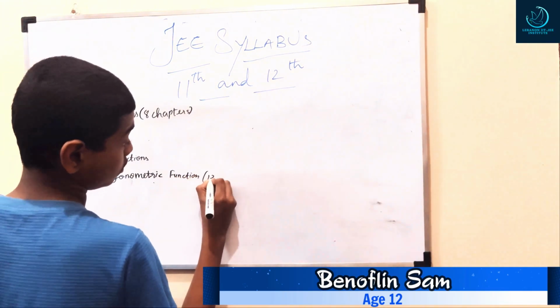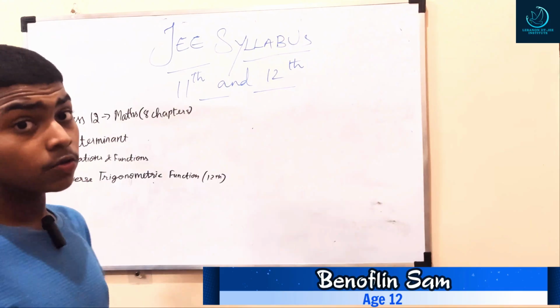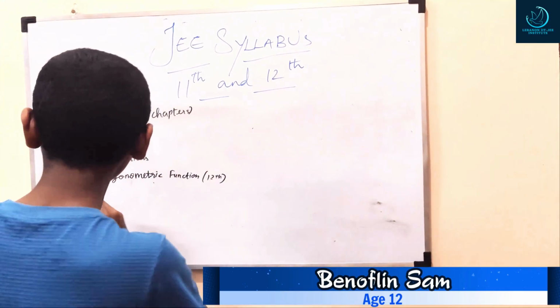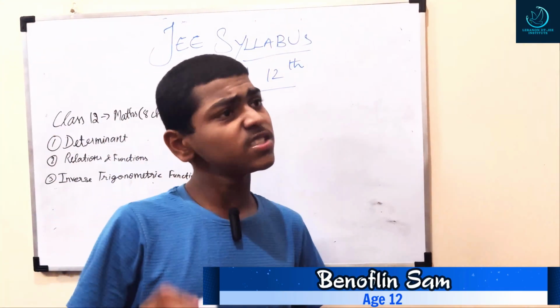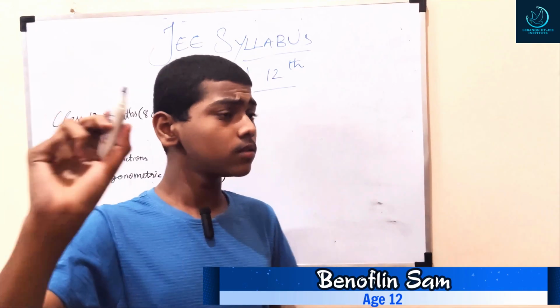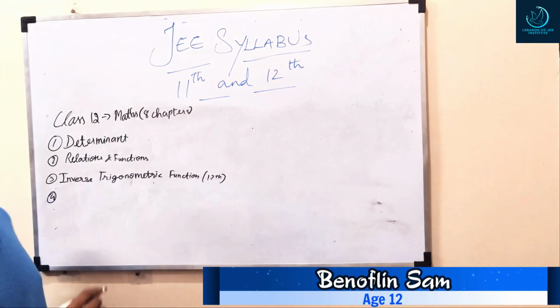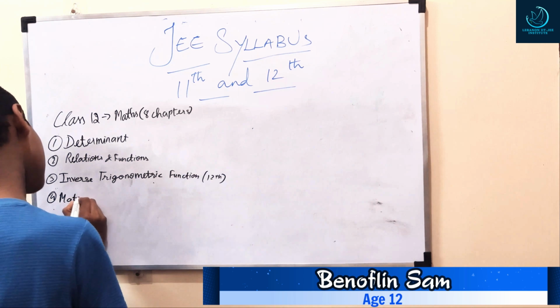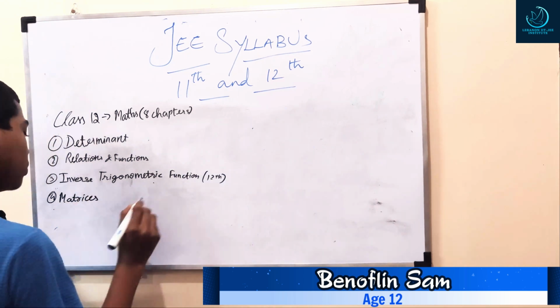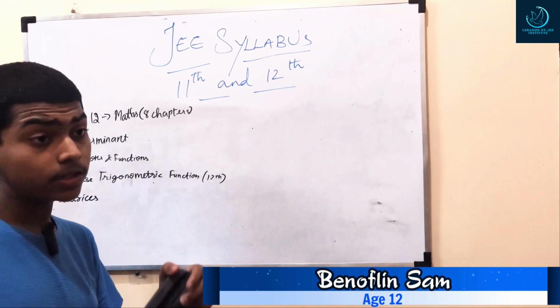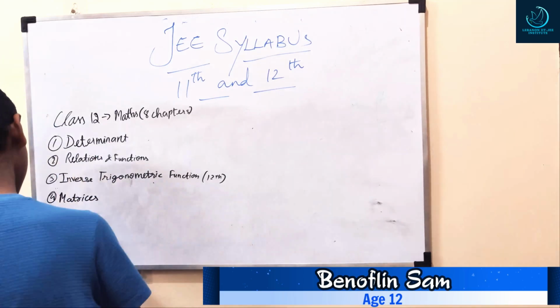That you 12th only. I already told you, 11th also I have trigonometry, but this is inverse, like sine to power minus 1, like that inverse. So fourth will be matrices. Matrices means determinants group.